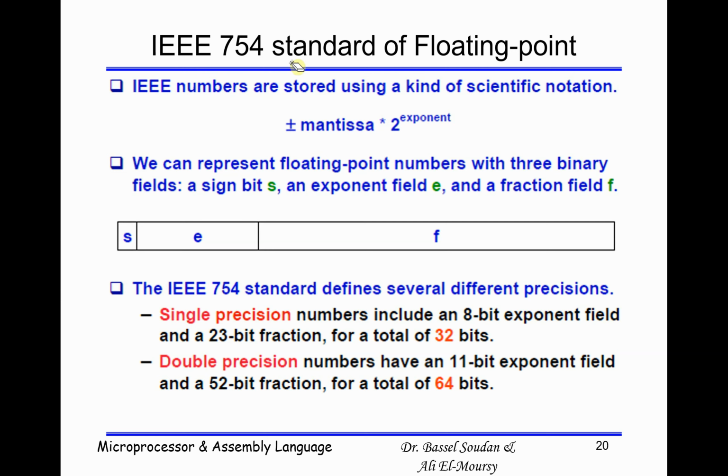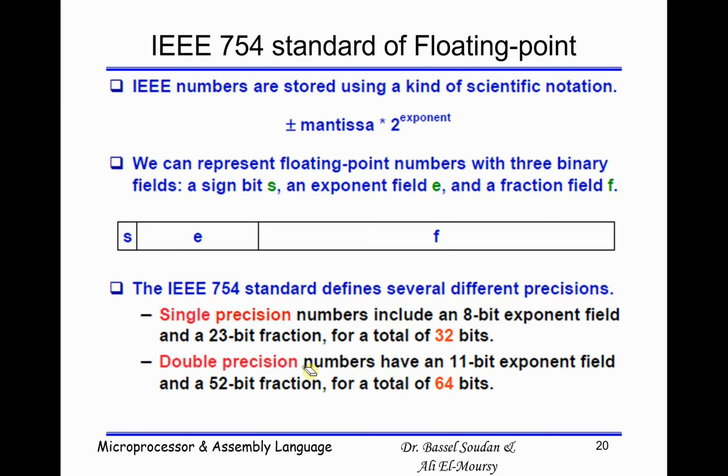This IEEE standard is the one used in all the digital logic circuits in our PCs, in our laptops, in most microprocessors and microcontrollers to represent floating point. This standard is not only one standard, it has two flavors: single precision numbers and double precision numbers.